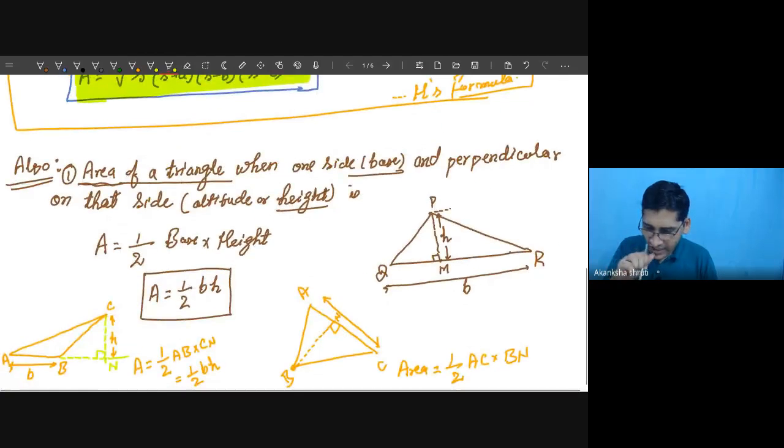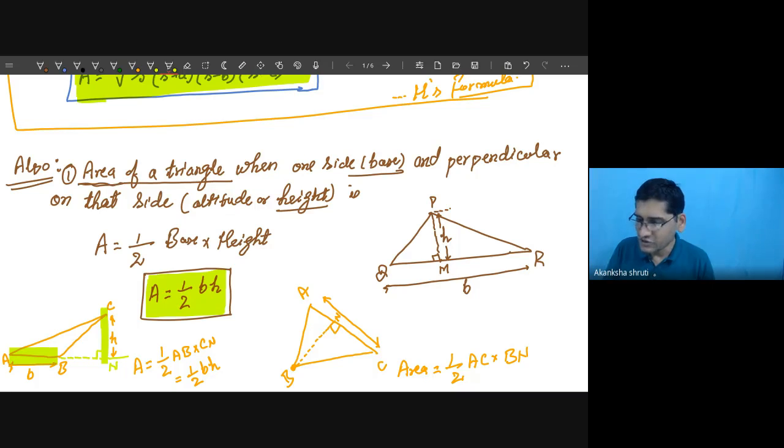The next one, by knowing one of the bases, like this one, and their perpendicular, that perpendicular need not fall in between the length of the base, it may be on the extended part, as I have taken here. Their area is given by half base into height. This you shall keep in mind, because questions are asked where such a triangle will be given, their height, and this will be given.